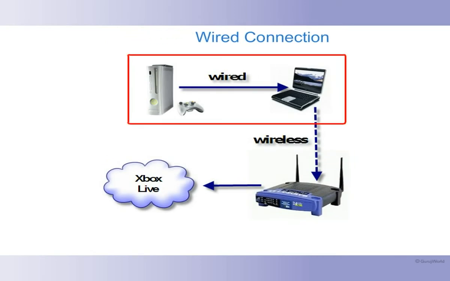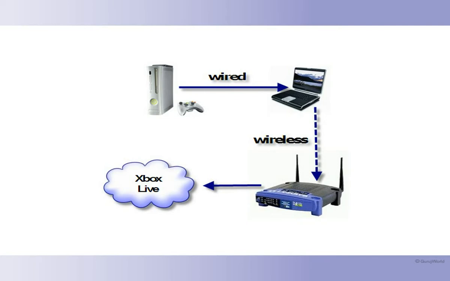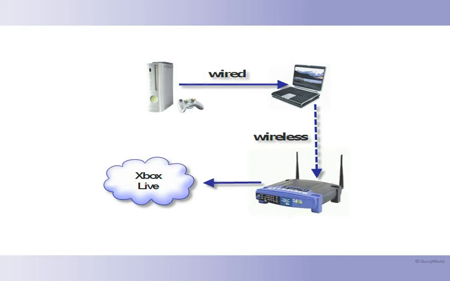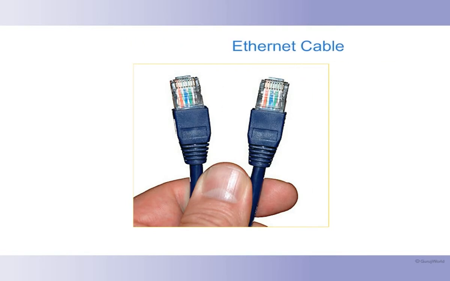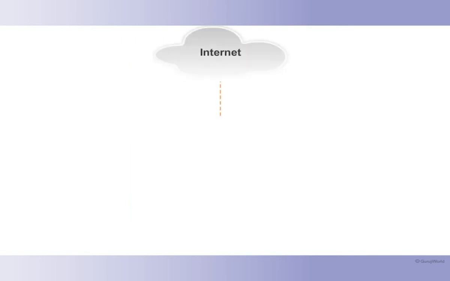Wired connection. Nowadays, computer motherboards are equipped with an Ethernet or network adapter. You can physically connect the computer to a router by using an Ethernet or LAN cable. A router is a device which is used to connect your computer to the Internet or ISP, that is, Internet Service Provider.